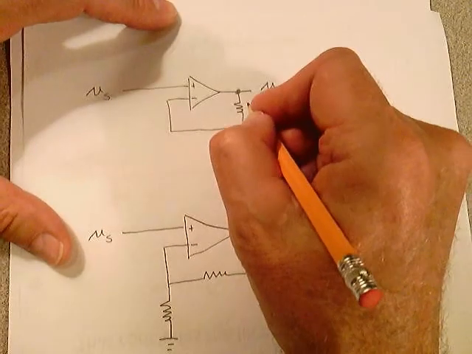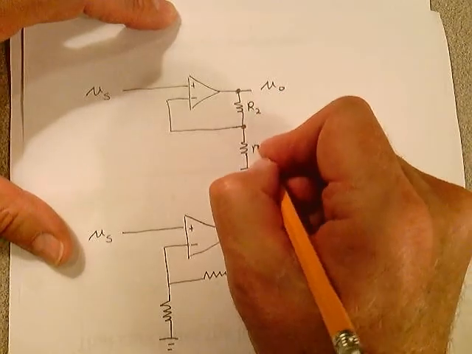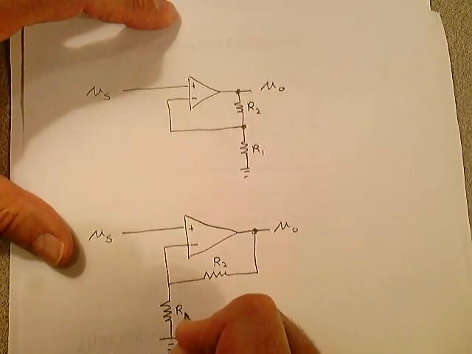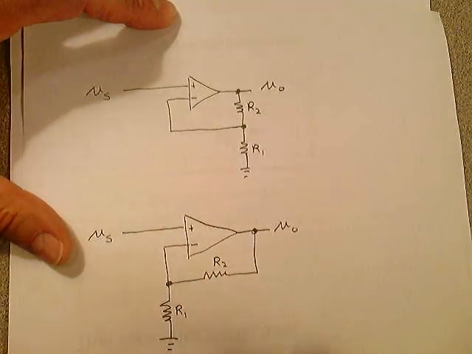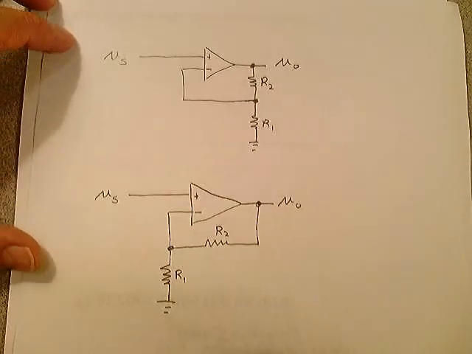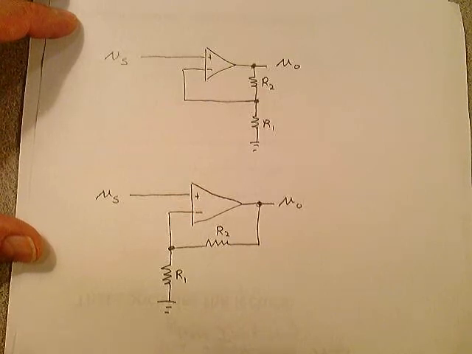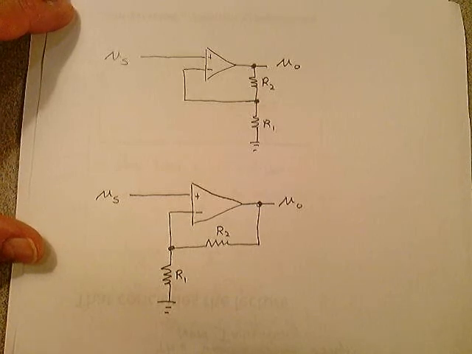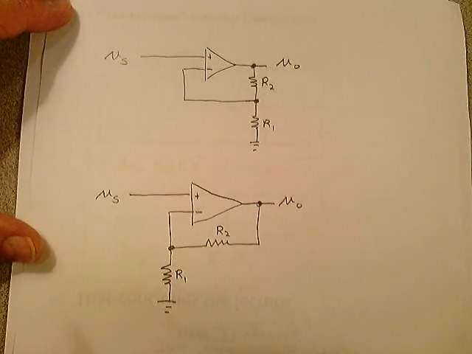This I'm going to call R2, this I'm going to call R1, this I'm going to call R2, and this I'm going to call R1. I want you to look at those two circuits. They are both non-inverting amplifier circuits, and they are identical circuits. Look at it long enough to understand that these circuits are identical. They're just drawn differently.